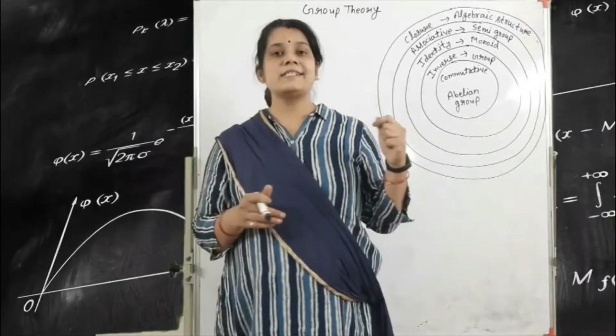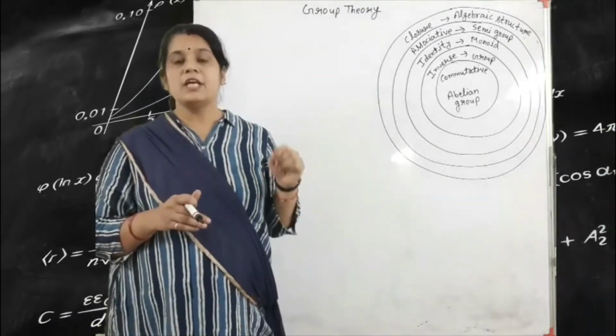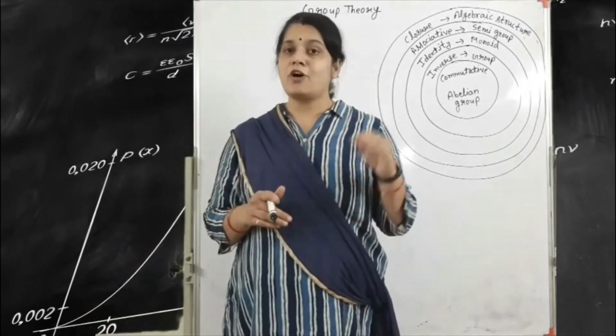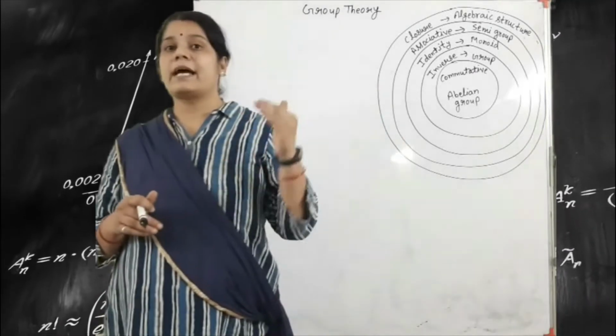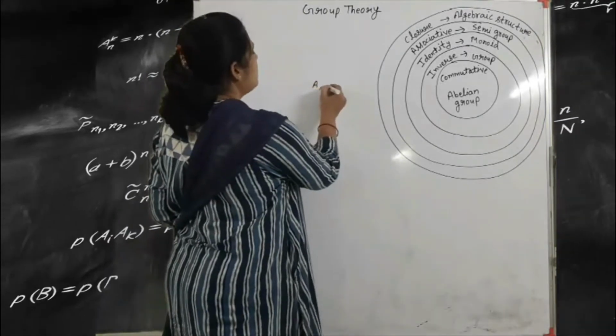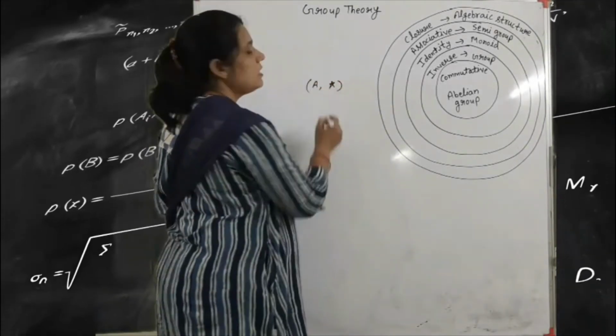Today's topic is group theory, which we see in the algebraic structure, or you can say the algebraic expression. Suppose we have a set A and a binary operation star.